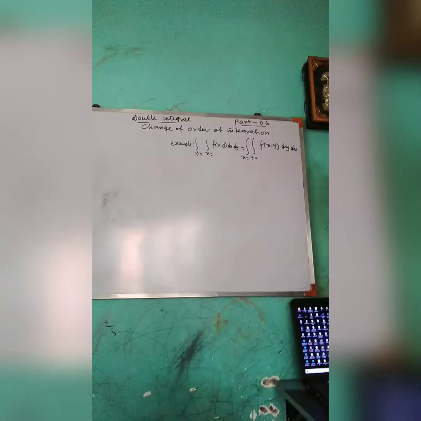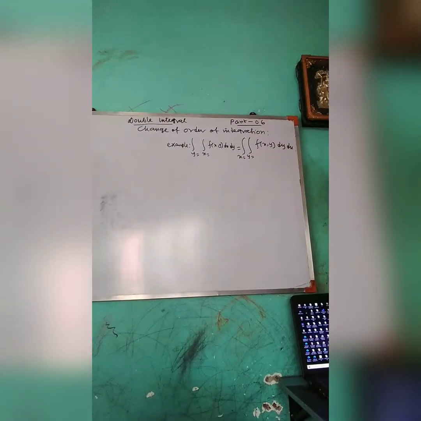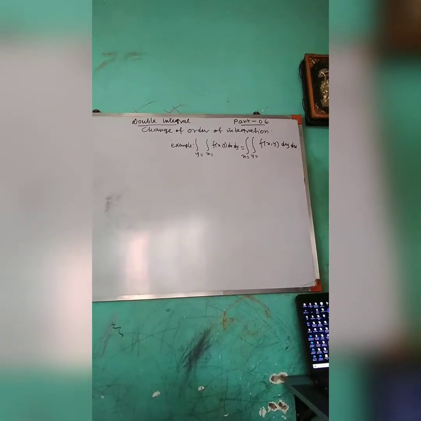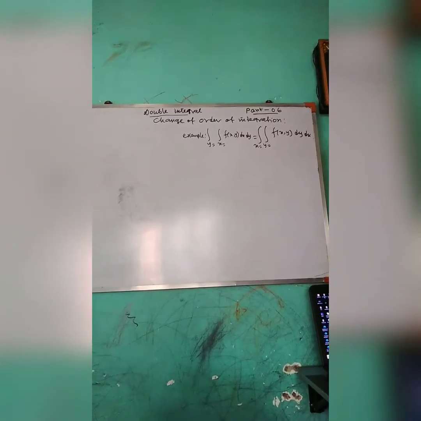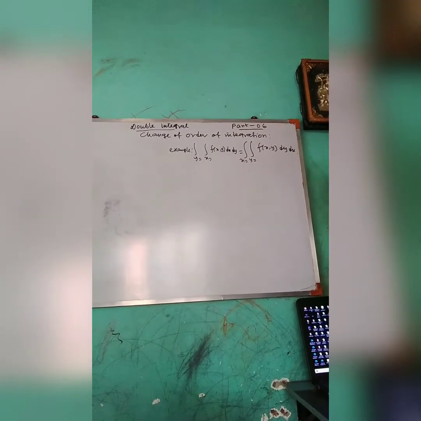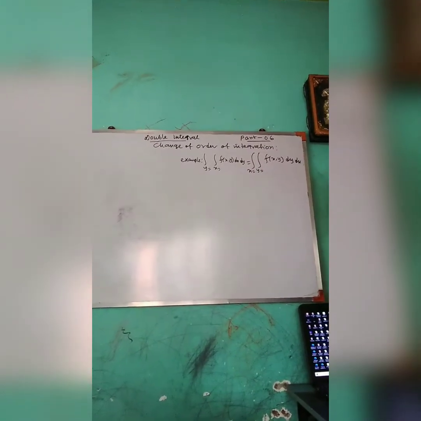Some of the problems connected with double integrals seem very complicated, but can be made easy to handle by changing the order of integration. That is why we change the order of integration.